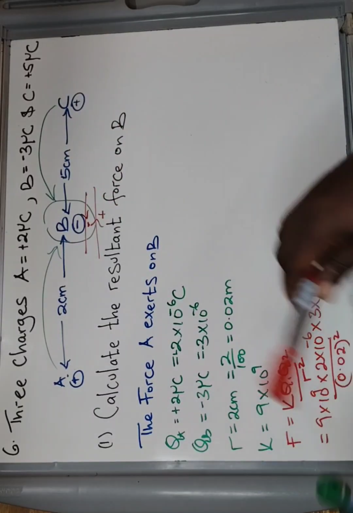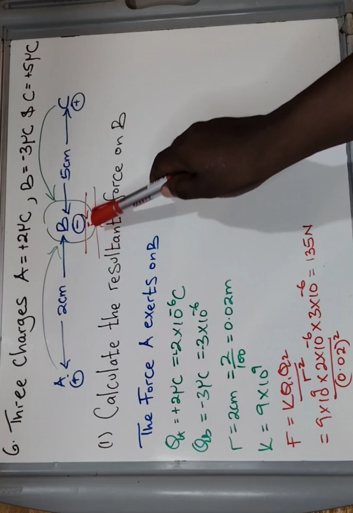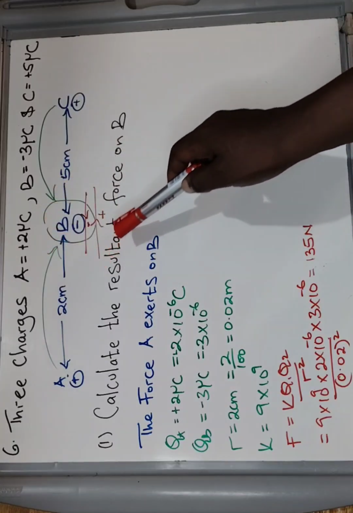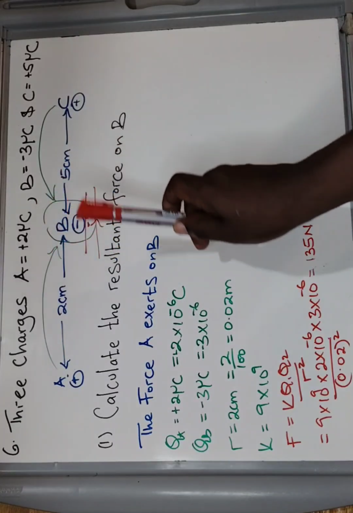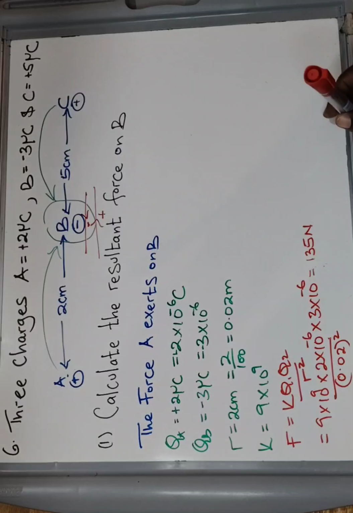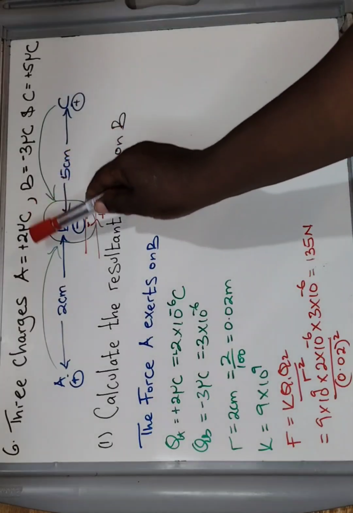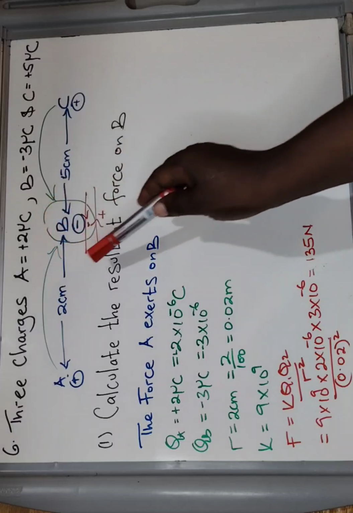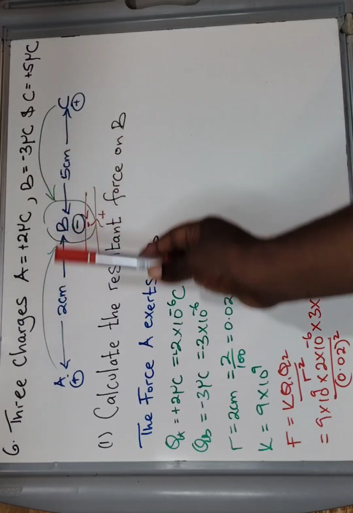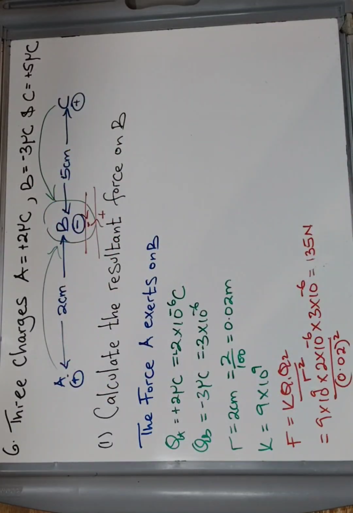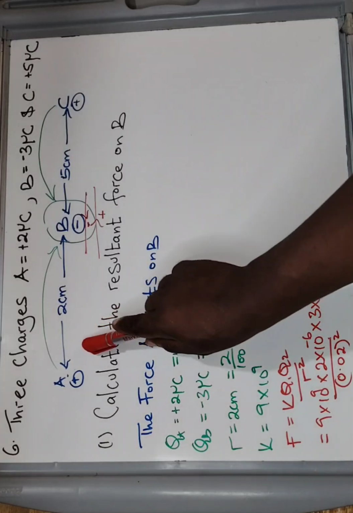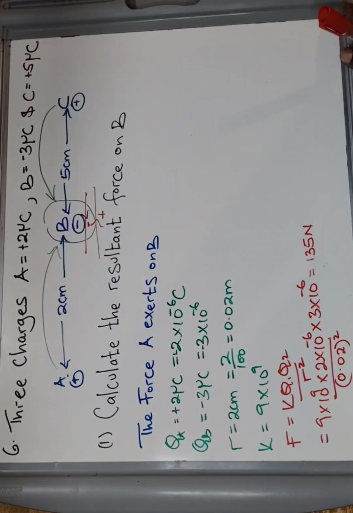That when our charge, whose net you are calculating, moves to the right, that's positive. And when it moves to the left, that is negative.